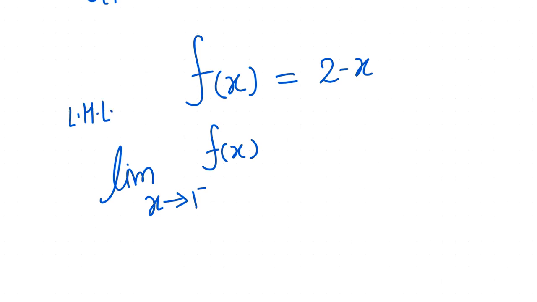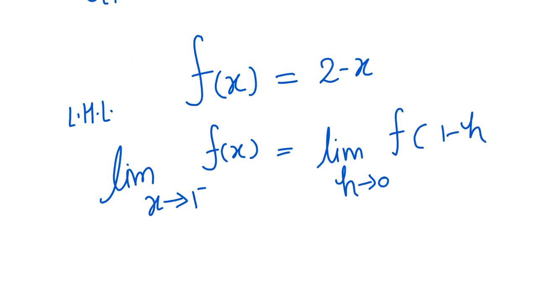Is equal to limit h tends to 0 f(a). Here a is 1, so 1 minus h. Got it? So wherever we have x, in place of x we will put 1 minus h.